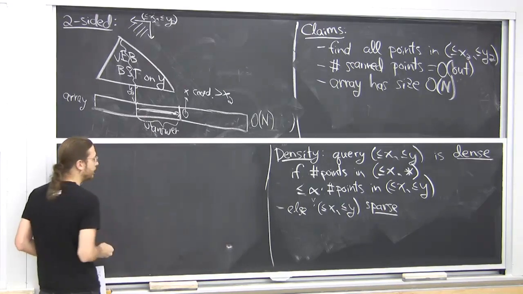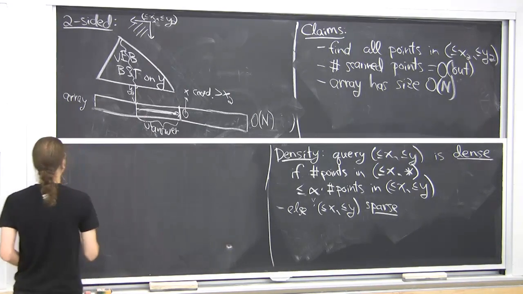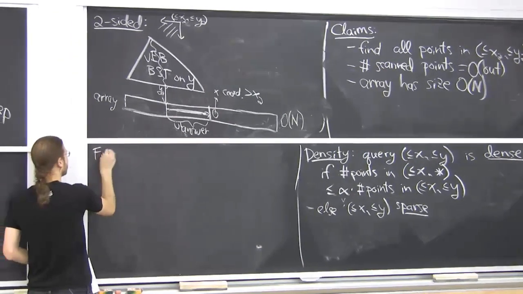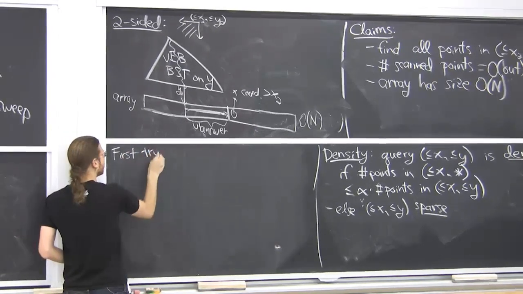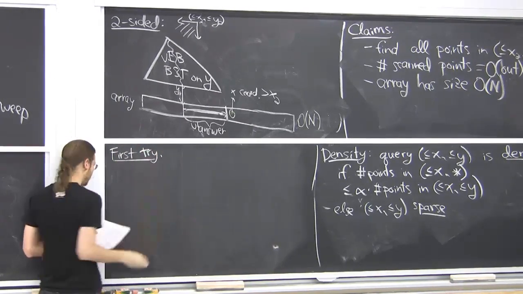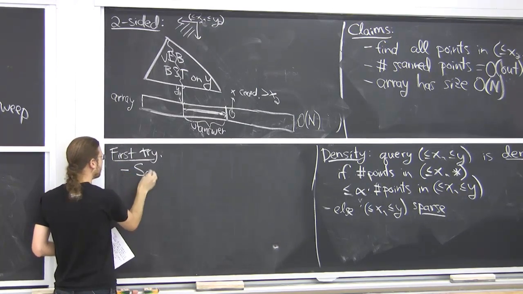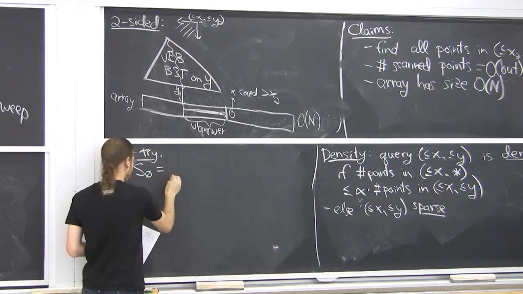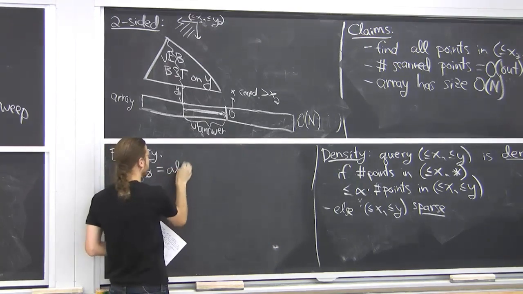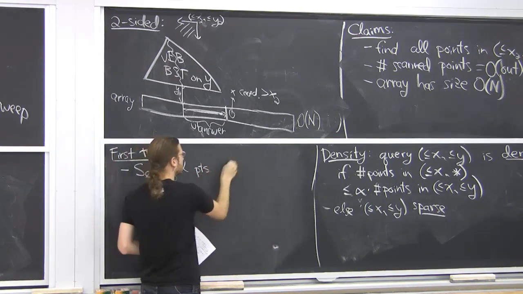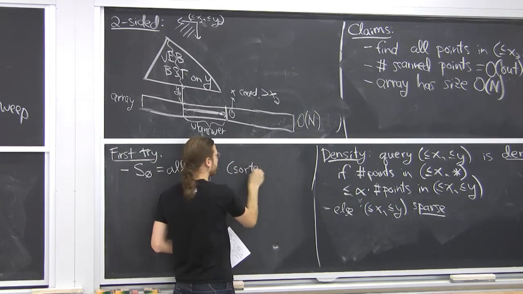Okay, so we're going to actually try to solve this problem twice. The first try isn't going to be quite successful, but it gets a lot of the right ideas. So I'm going to let S0 be all the points sorted by x.